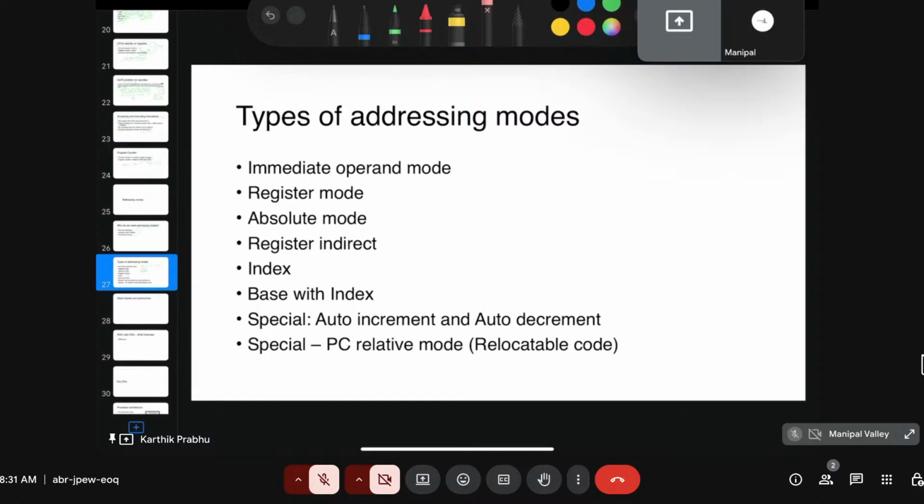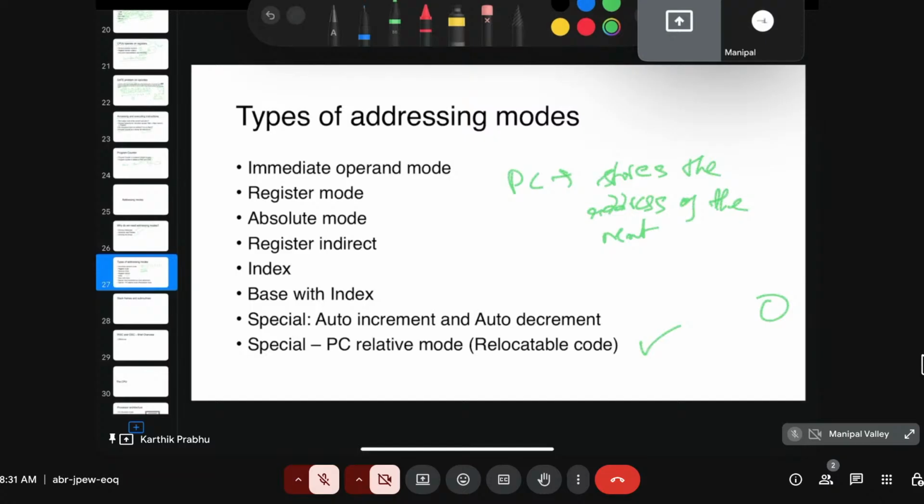Okay. PC relative mode. So the PC itself stores the address of the next instruction. So instead of fixing or locking the address of the program to some fixed address, we can lock the address of the program to the address of the program counter.